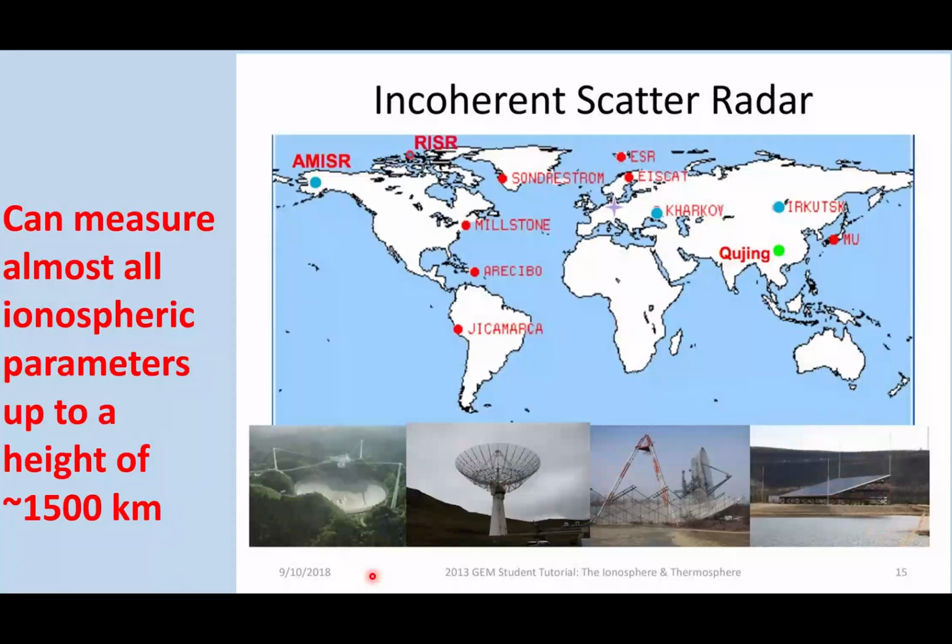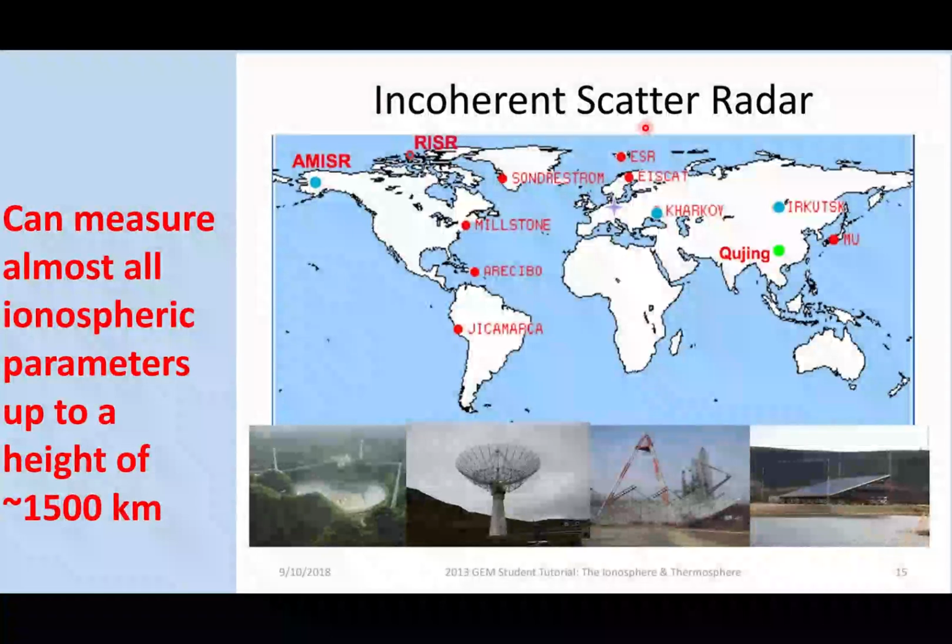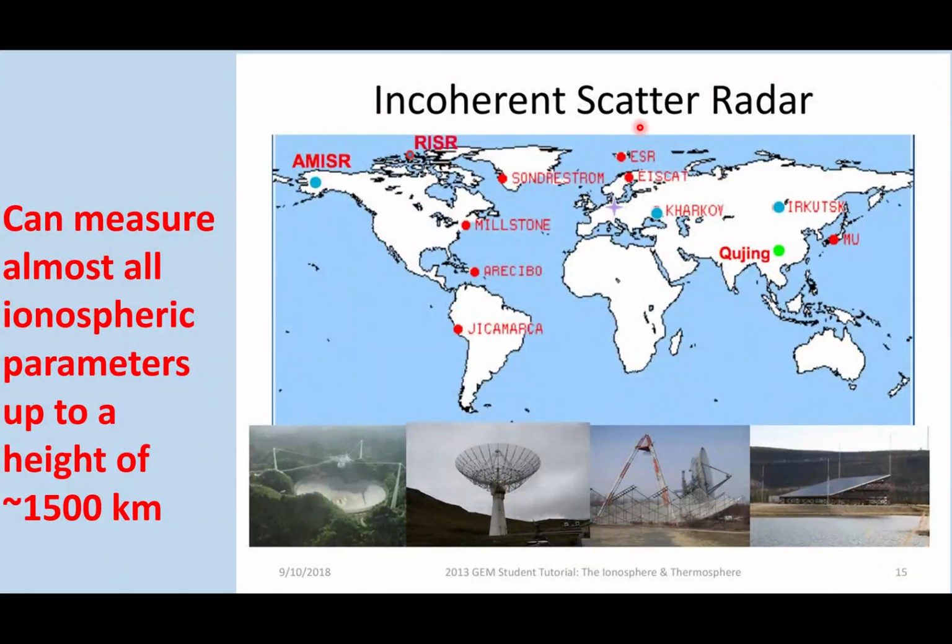Now, another technique, which is very powerful but at the same time very expensive, is what is called the Incoherent Scatter Radar. The map shows there are only a few locations, 7 or 8 in the whole world, where this instrument is there, and the bottom picture shows the different kinds of antenna systems in the various incoherent scatter radar setups.